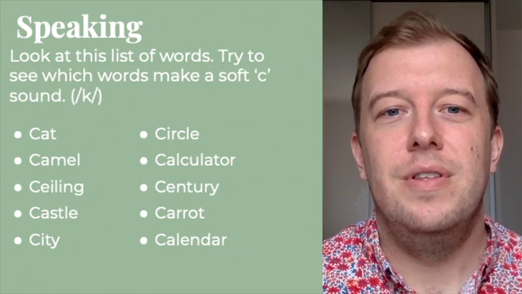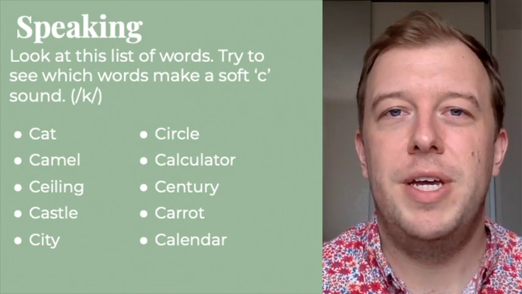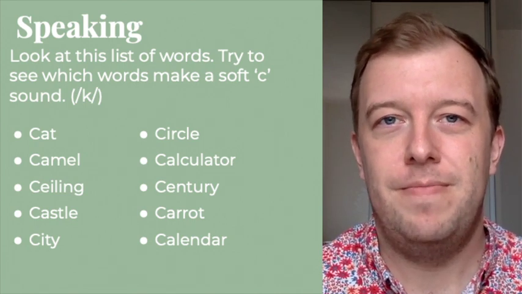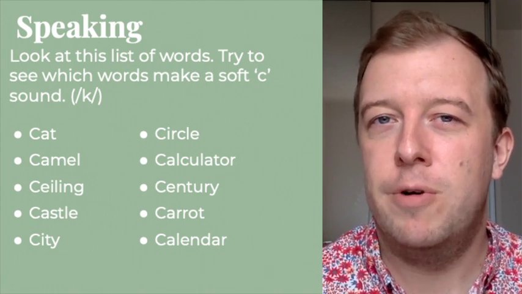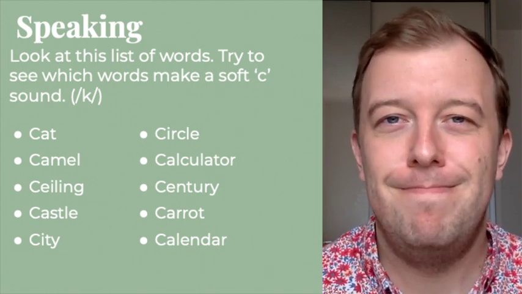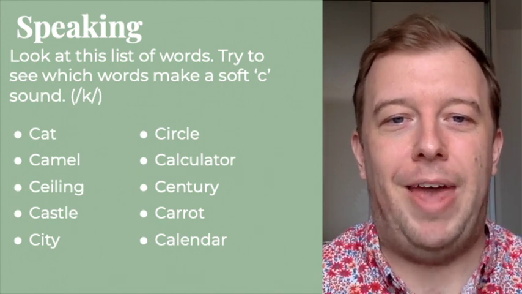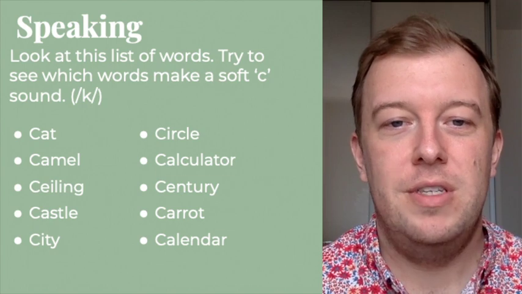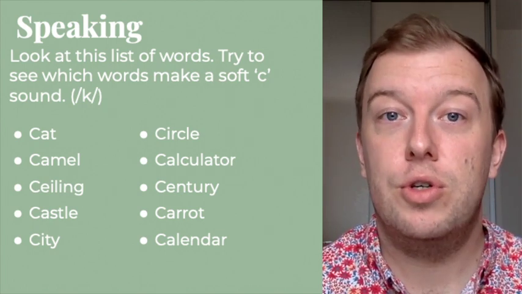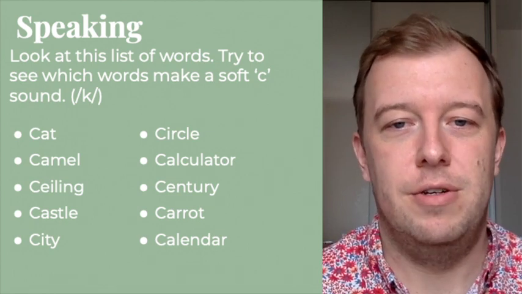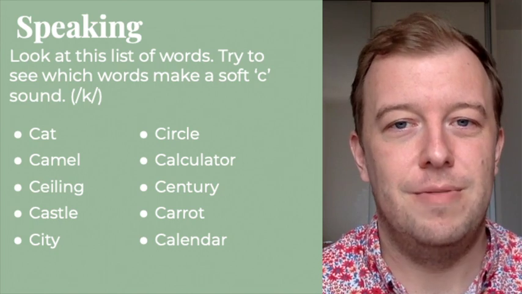Okay, now let's take a look at that same list of words and see which words make the soft C sound. I will ask you to pause the video, try reading it yourself first before I do. So, once again, we have cat, camel, ceiling, castle, city, circle, calculator, century, carrot, and calendar.